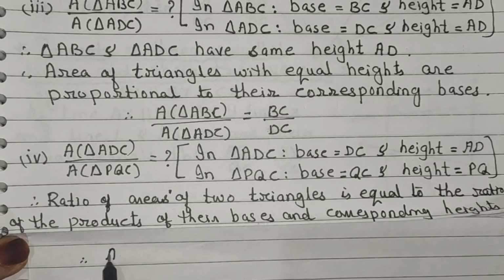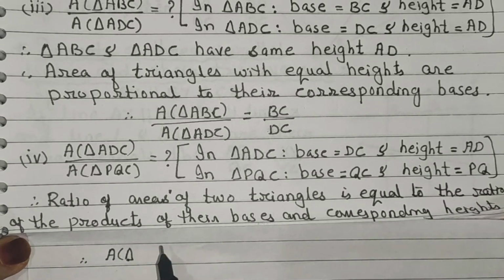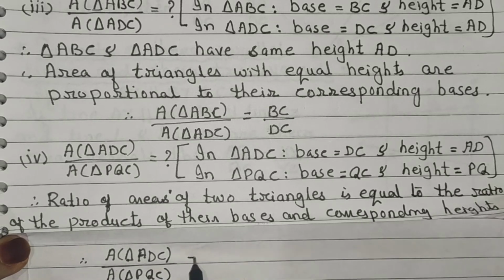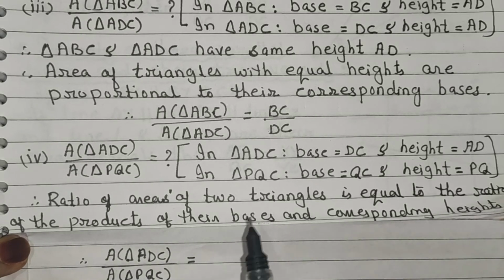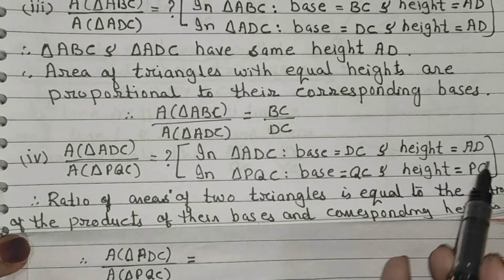Therefore, write down here: area of triangle ADC upon area of triangle PQC is equal to, now product of their bases and corresponding heights, ADC: DC and AD.